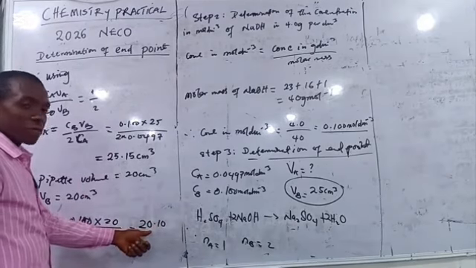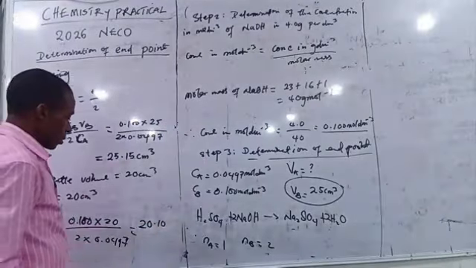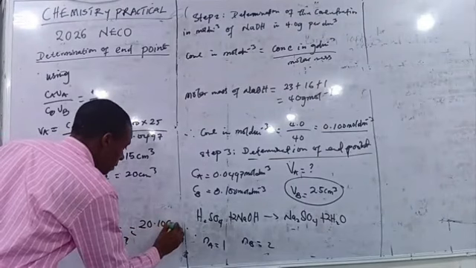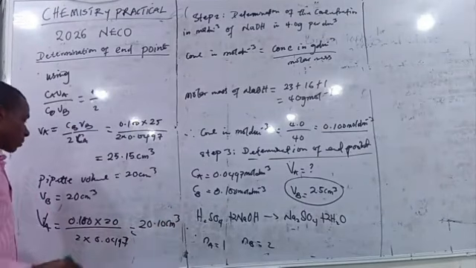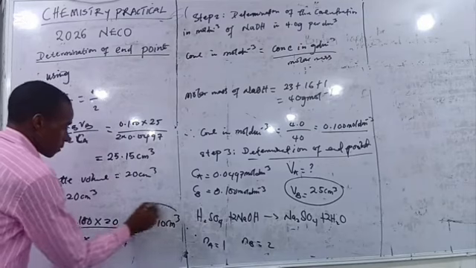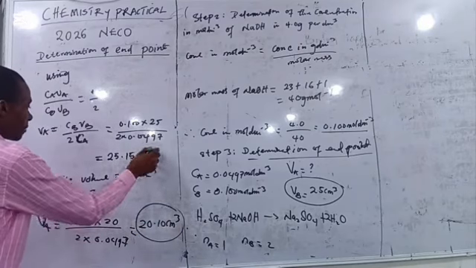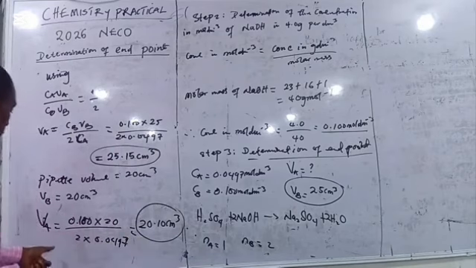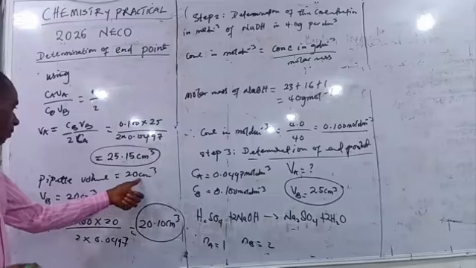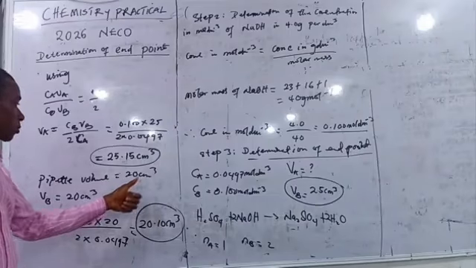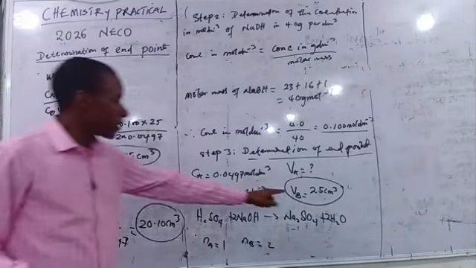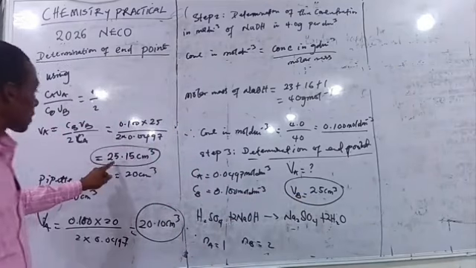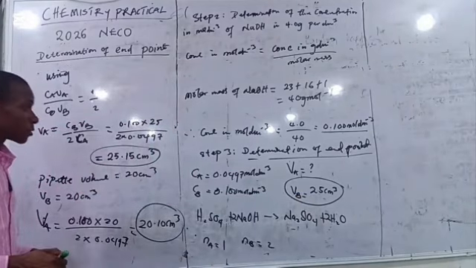That's the titer value or the average volume of acid used. It's going to be 20.10 cm cube. Okay, so the titer value should either be this, for those using a pipette volume of 20 cm cube, or for those using pipette volume of 25, your titer value is 25.10.